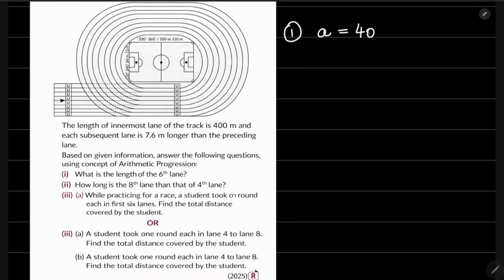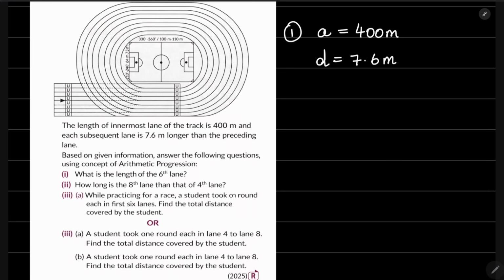So A is 400 meters. Beyond 400, you have 400 plus 7.6 meter, and each and every lane is plus 7.6 meter longer. So that is the common difference. So D is 7.6 meters. This is your common difference.